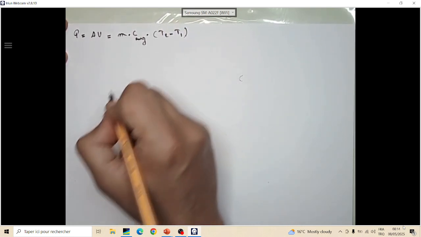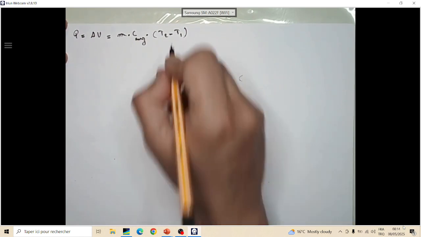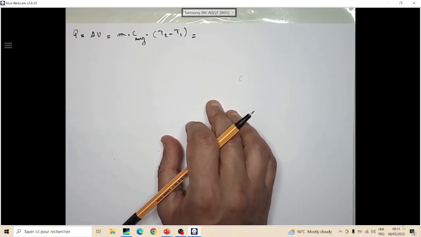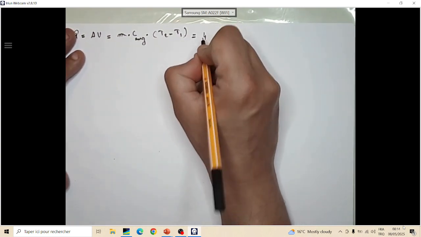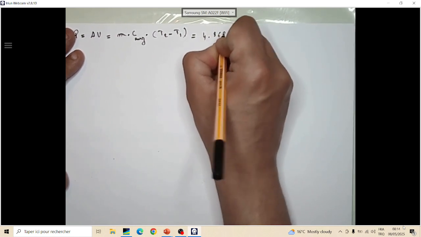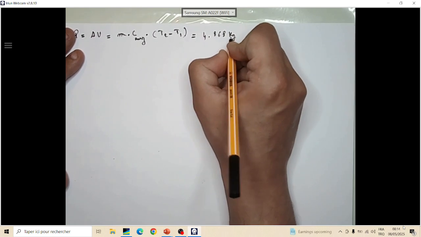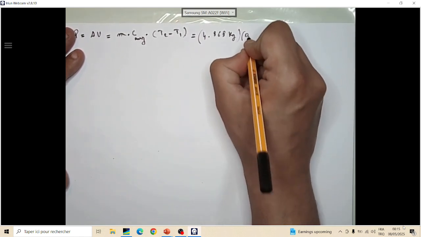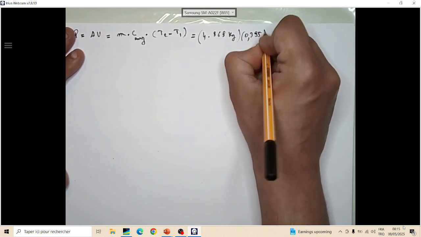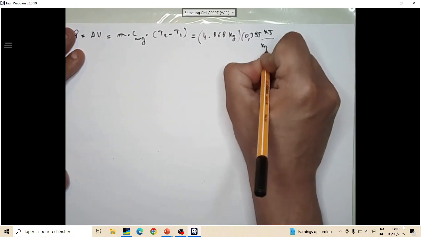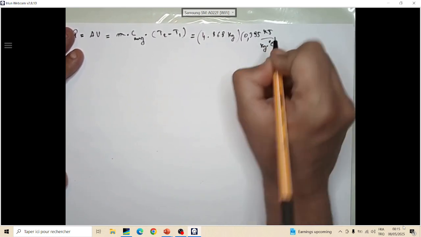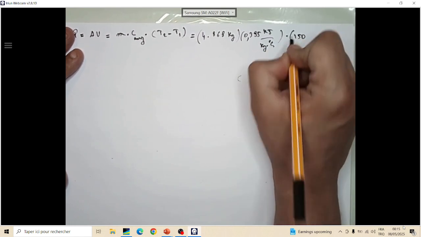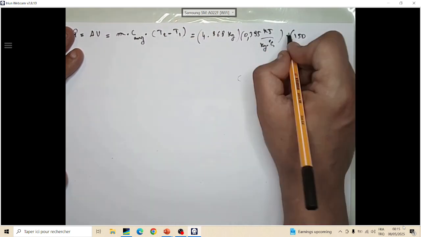So if I replace every term by its value, M is 4.868 kilogram, times C average, which is 0.395 kilojoule per kilogram degree Celsius, times T2, which is 150, minus T1, 100.